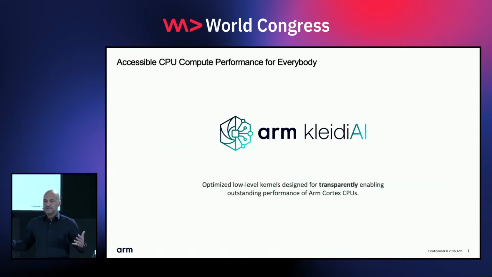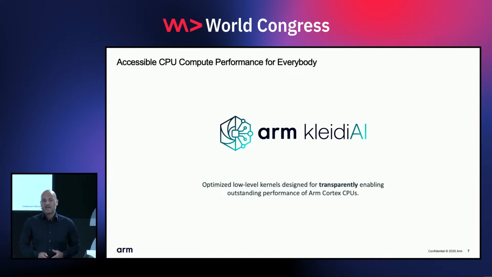Many solutions, but how can we make sure that our developers can have the best performance on Arm, because there are so many solutions out there, right? And we don't want our developers to suffer from performance on the CPU. And this is actually our secret sauce. Actually, one of the two secret sauces I'm going to mention today.